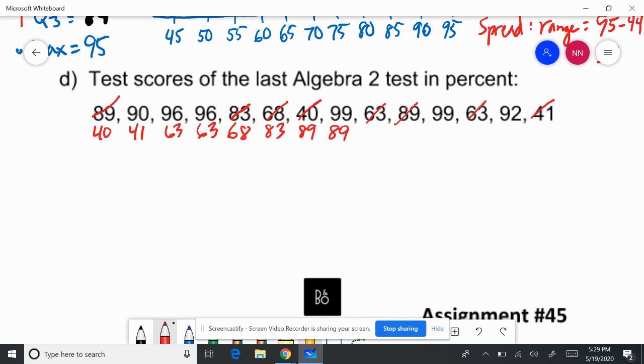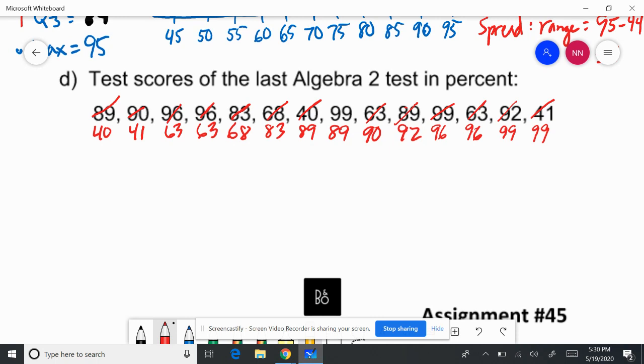Then we have 90 and 92. And then we have 96 and 96 again. Then we have 99 and 99 again.